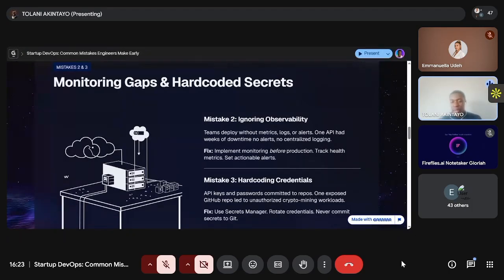So one of the ways you can avoid hard coding credentials in your GitHub repo is by using tools, and there are a lot of them that you can actually use. A few of them that come to mind: you can use a pre-commit hook. Basically when anybody is trying to push any change and it has hard-coded credentials, it does not allow that push to get into the repo.